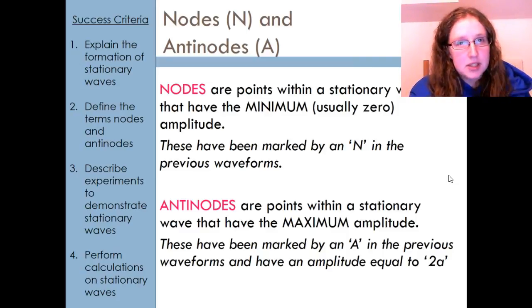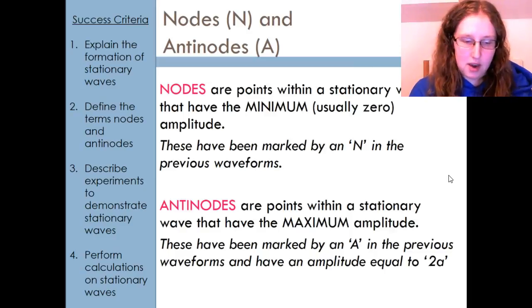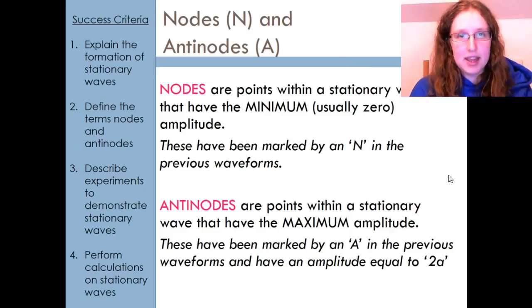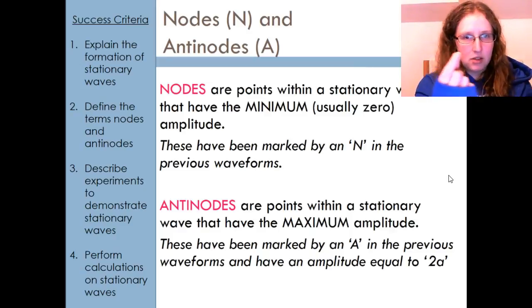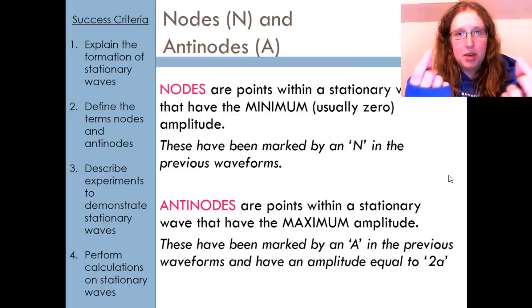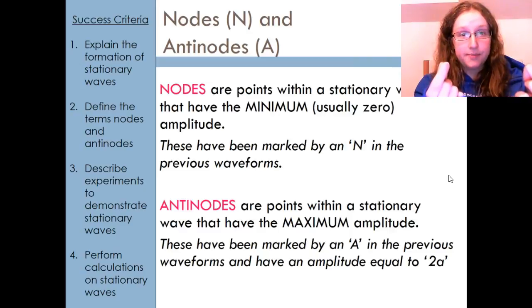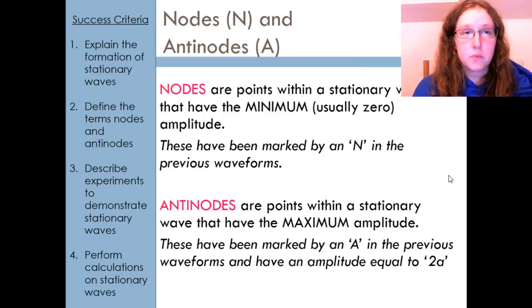Now, there are some specific types of stationary waves that we can form, and they have to match the thing that they are on. So if we think about a string, if I've got a string on a guitar, it's clamped at either end. Clamped at either end, so it can't move. Can't go anywhere at all. So, if it can't move at either end, those 2 points have got to be nodes.